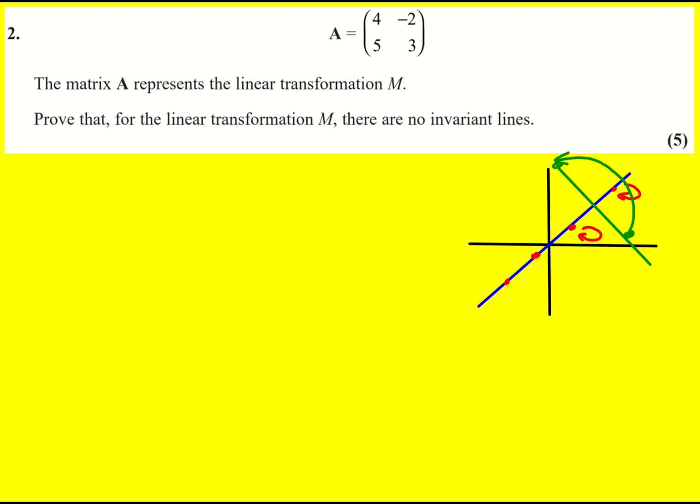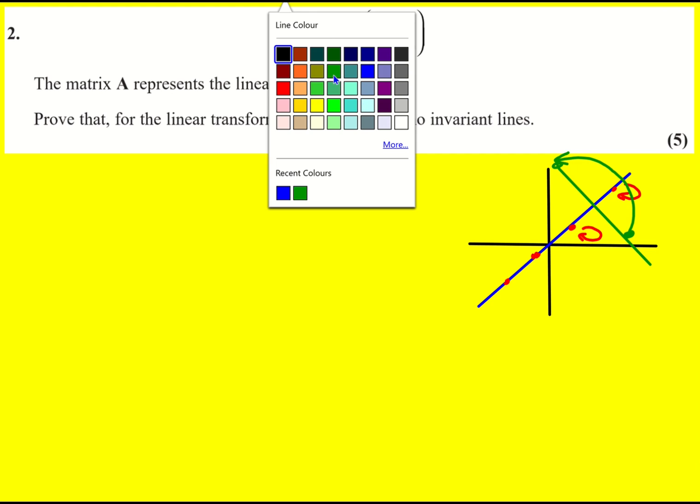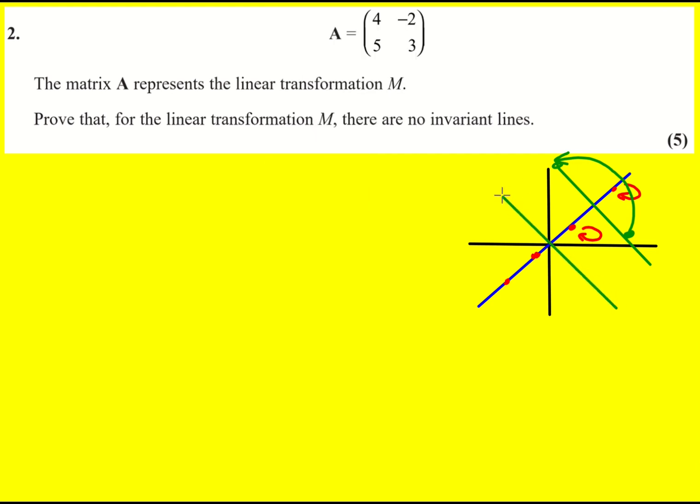So it doesn't stay in the same place. With a reflection, any line that's perpendicular to your mirror line, in this case I could draw y equals minus x, or y equals minus x minus 2, you take a point and it's going to map over to here. That one's going to map back, but they're all going to stay on the line. And so you'd get y equals minus x plus c as your class of invariant lines.